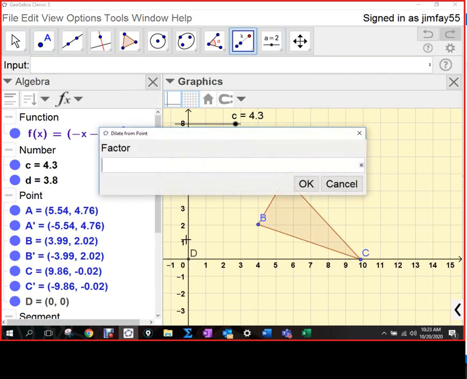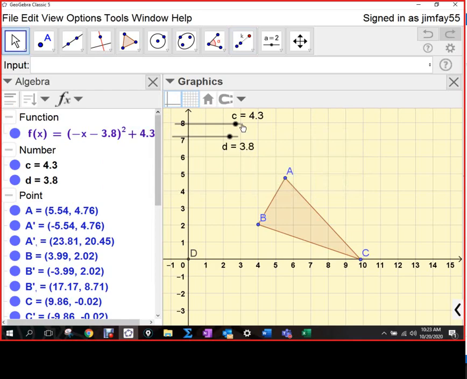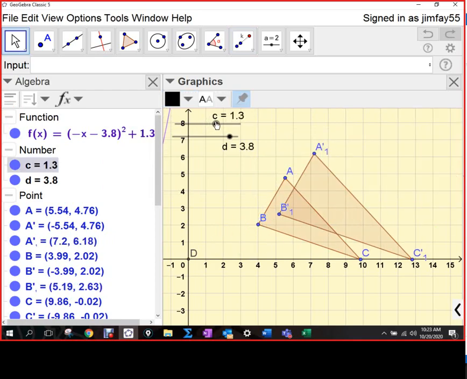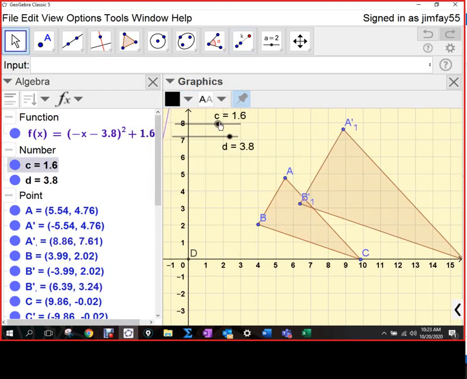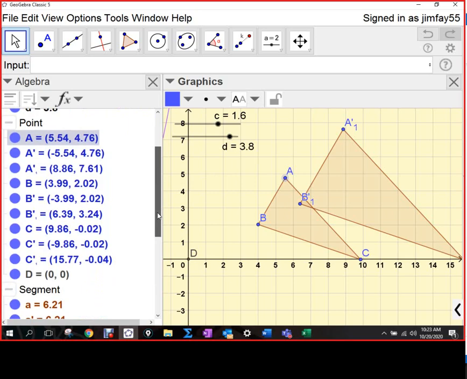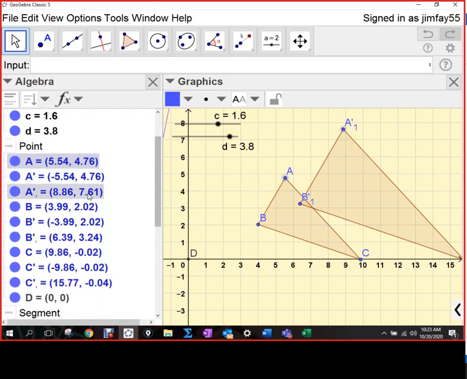Dilate that shape from 0 to 0 by a factor of c. Okay, do we see that, how do A and A prime relate? Okay, A prime sub 1, actually, which is right there.